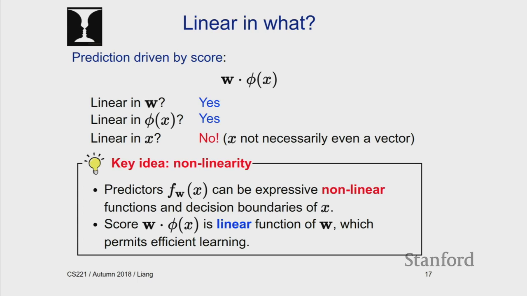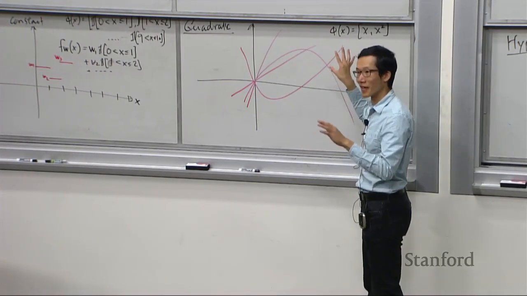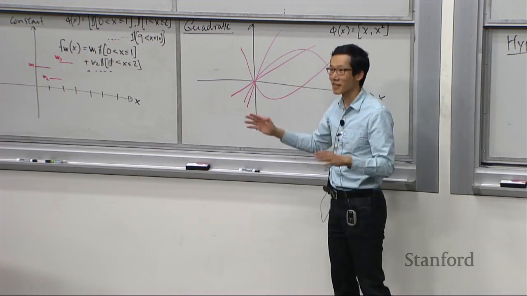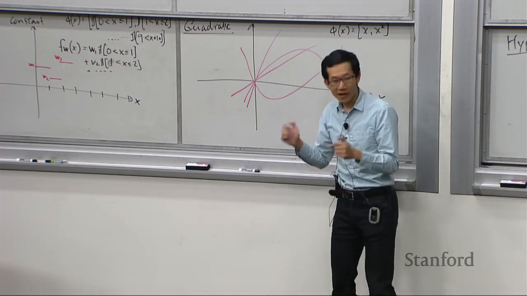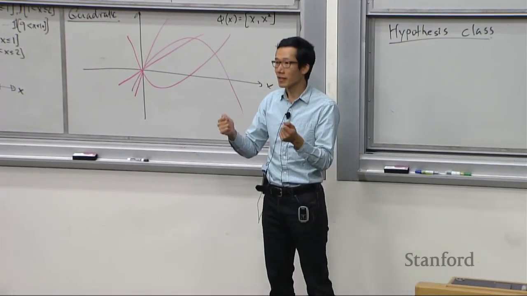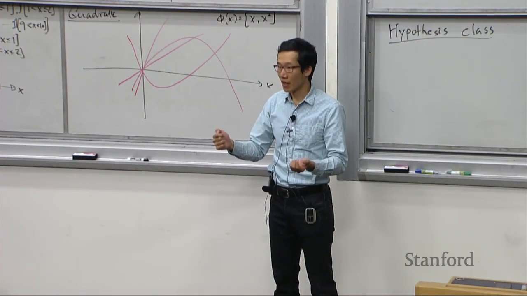Yeah, question? You're saying that x is an input, like it's some abstract thing. I'm a little bit confused about how that matches up with what you're doing on the board. Is this an analogy, or are we actually taking x to be a real number? Yeah, good question. What does it mean when I say x is this abstract thing like a person? This is a real example, and sometimes your x is actually a number. In that case, it makes sense to think about whether this function is linear in x.